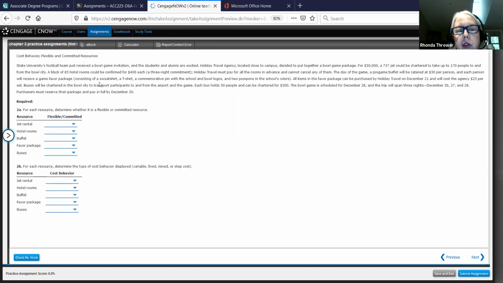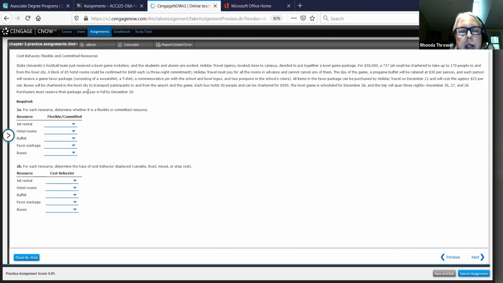And that package consists of a sweatshirt, a t-shirt, a commemorative pin with the school and bowl logos, 2 pom-poms in the school colors. All items in the favor package can be purchased by Holiday Travel on December the 21st and will cost the agency $25 per set.